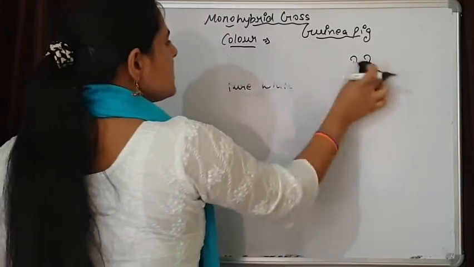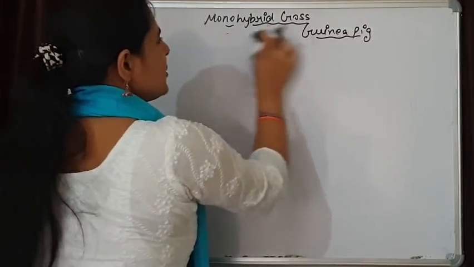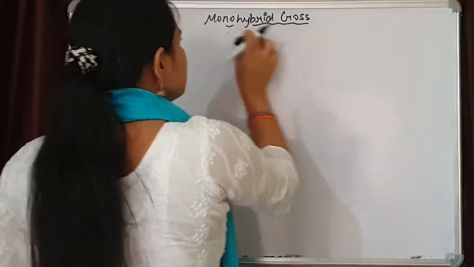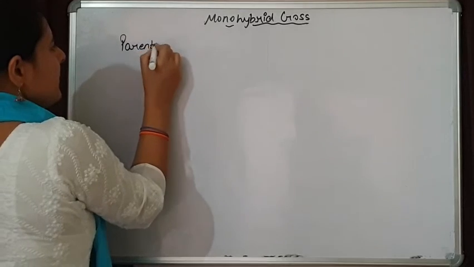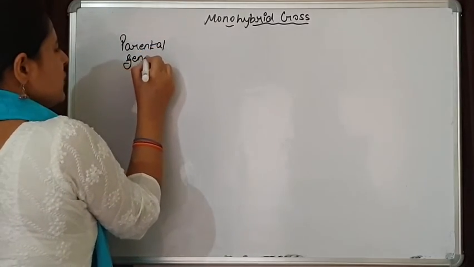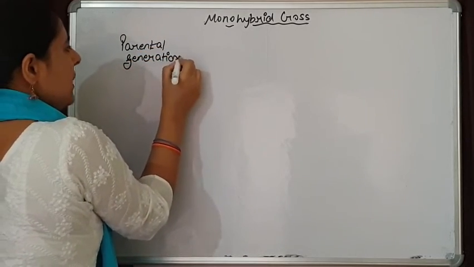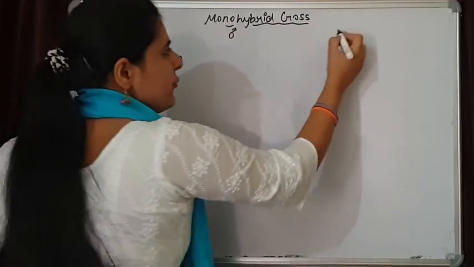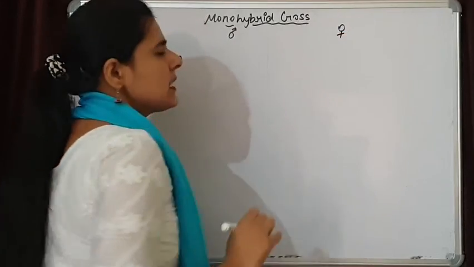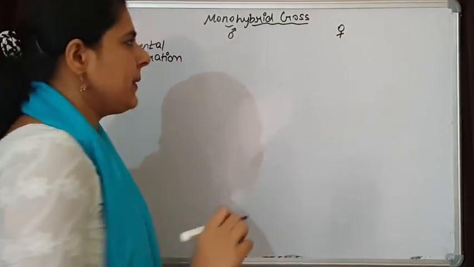Now begin with the cross. We know the starting material is the parental generation, or we can say P generation. P, male and female. Cross always takes place between male and female.